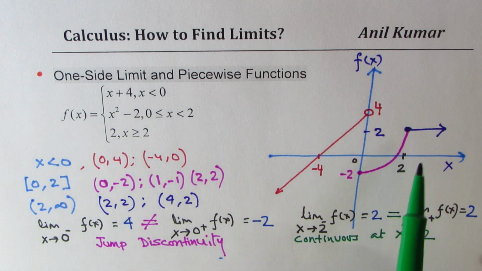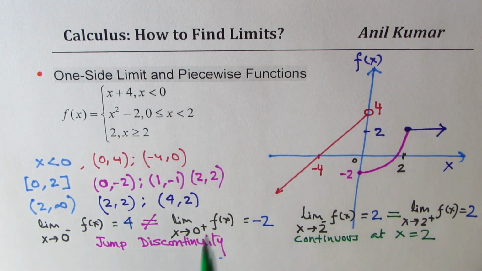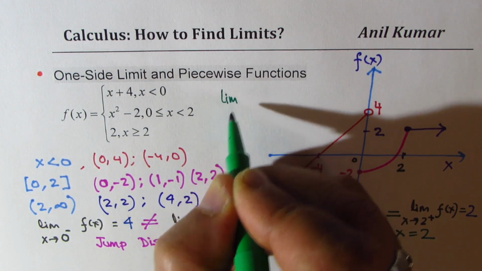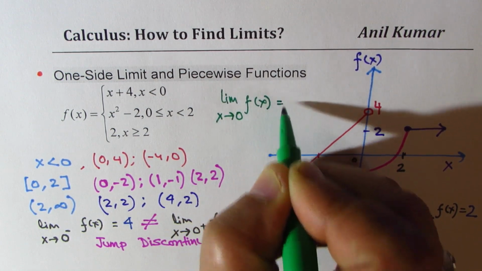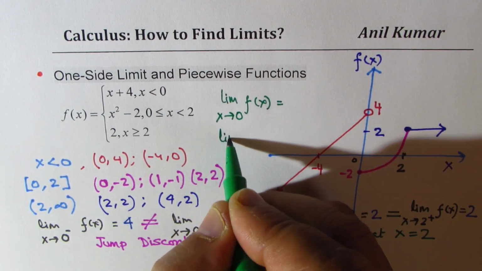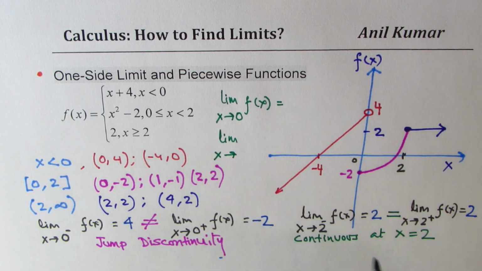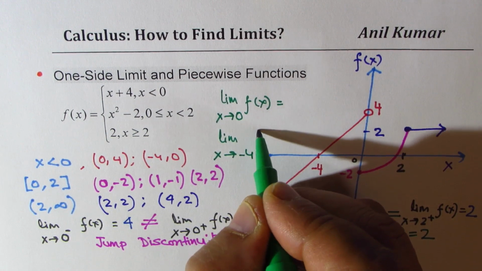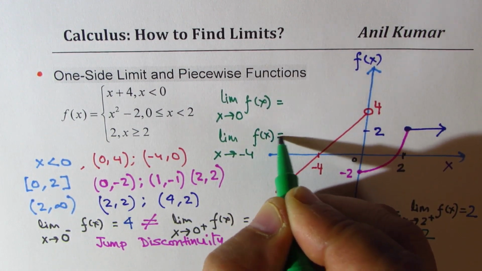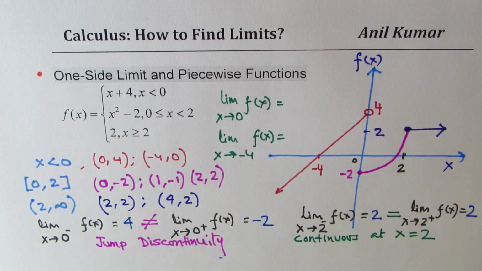Correct? Now, for you, the question could be: find the limit when x approaches 0 for the particular function. Write down this answer, and also the limit as x approaches minus 4 for the particular function, right? So you could write down these limits.